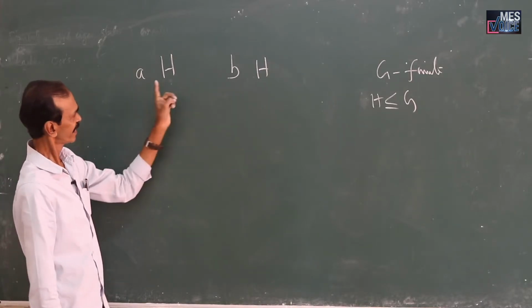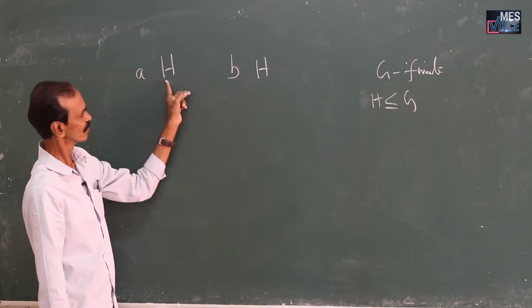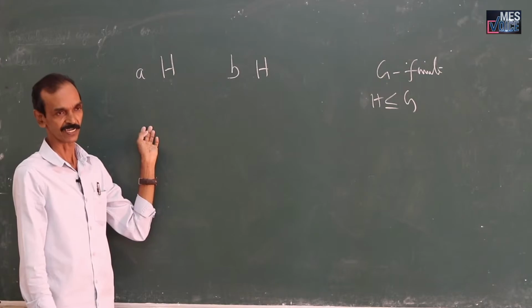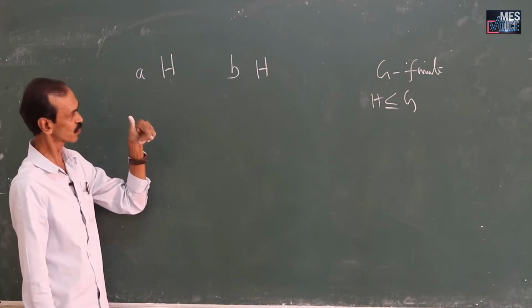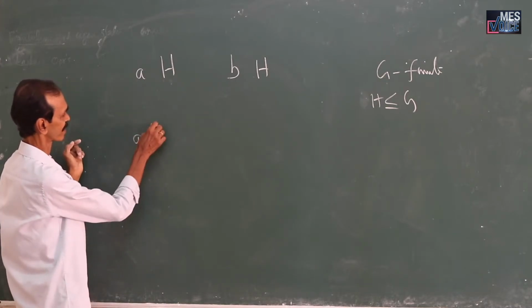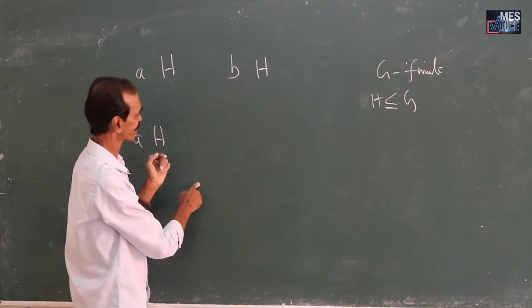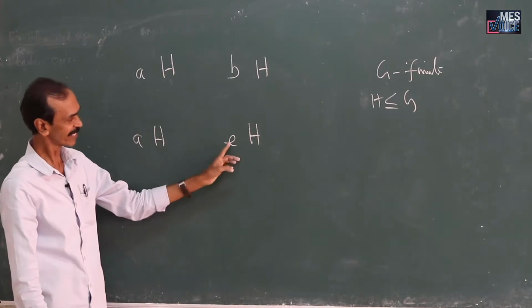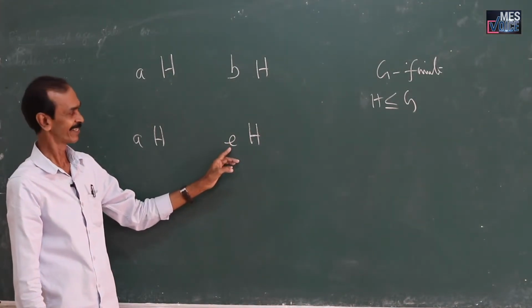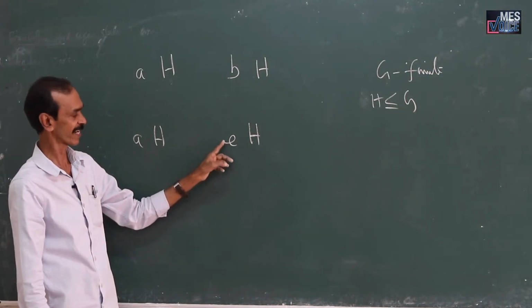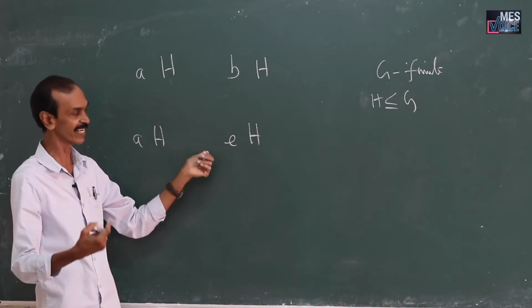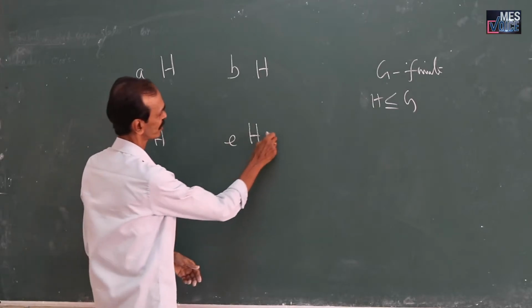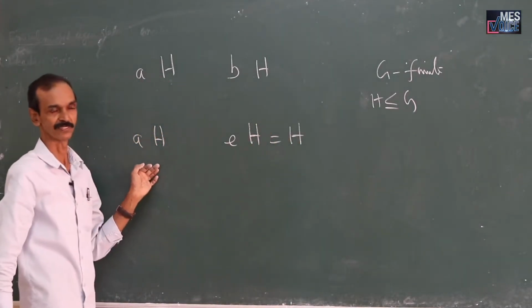Now, instead of proving it between AH and BH directly, I choose AH as it is, but instead of BH, I take EH, because EH is also a typical coset generated by the element E, where E is the representative. And what is EH? EH is equal to H itself.